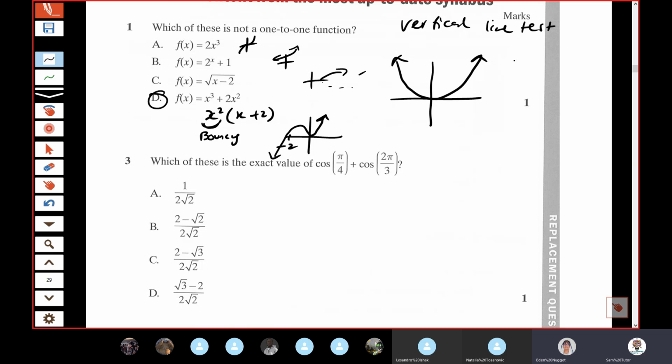Vertical line test would be one-to-one. Yeah, that's what I'm trying to work out. So vertical line, is that one? Okay. You don't know it, Eden? I think you're saying it right. Horizontal line test. So you've got both.